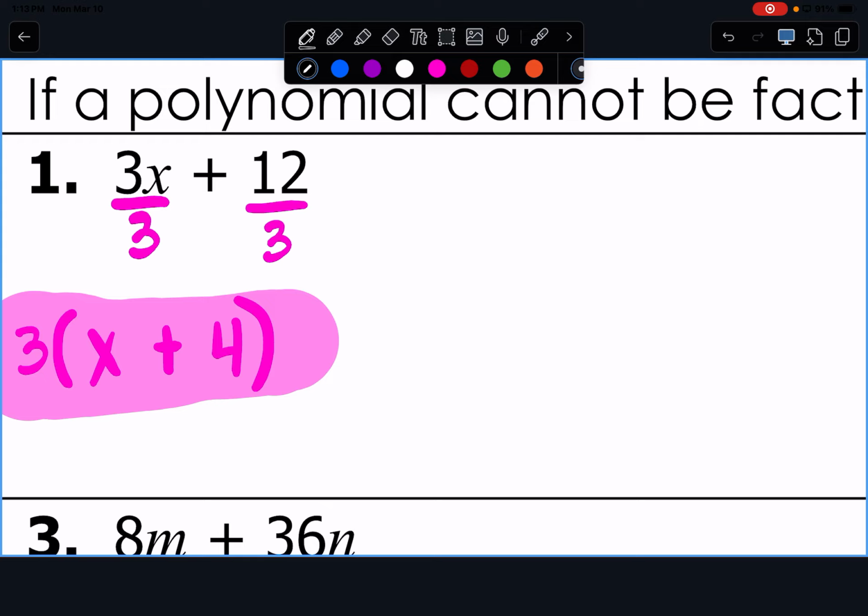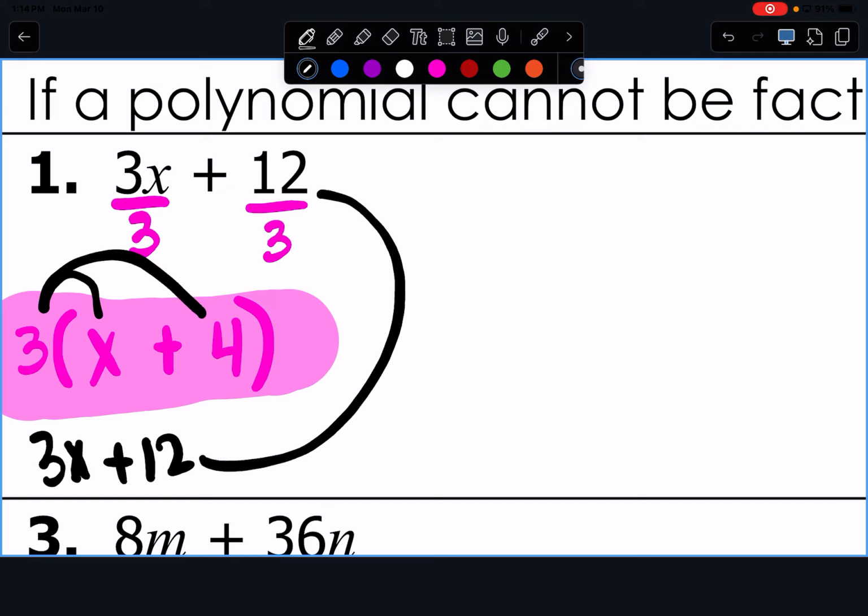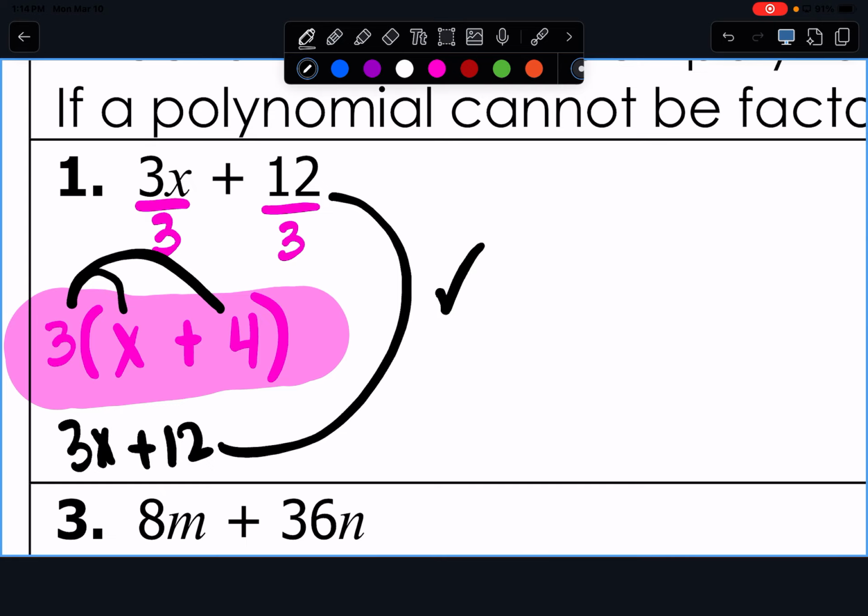However, if you ever get one and you're like, I don't know if that's right, a way you can check your own answer is to just multiply it back out. So go 3 times x, get 3x. 3 times 4, get 12. If those two things match, your answer is right. If those two things don't match, your answer is wrong. Okay, there is a way to always check yourself.